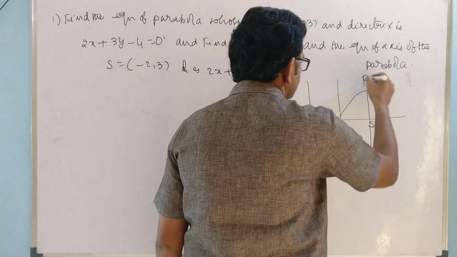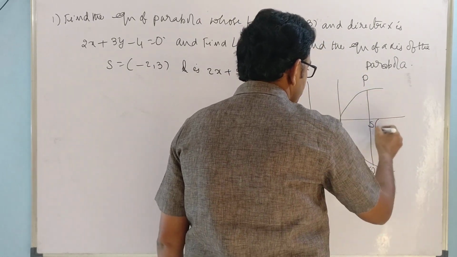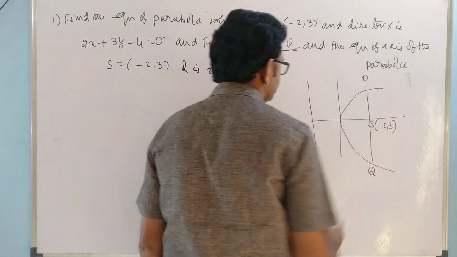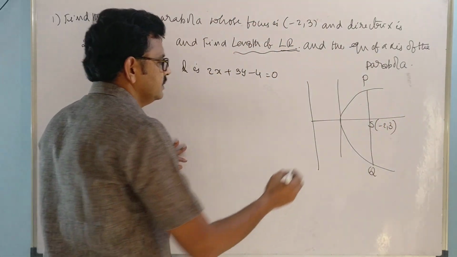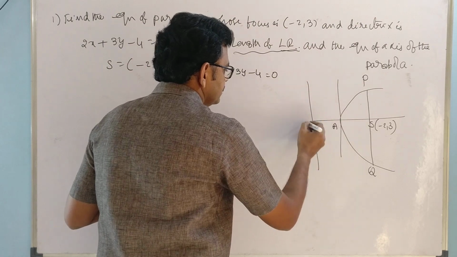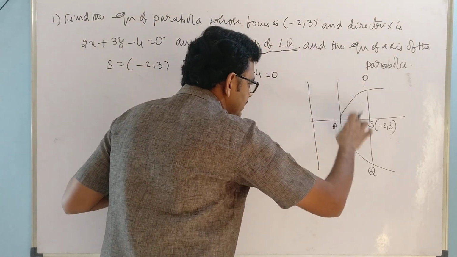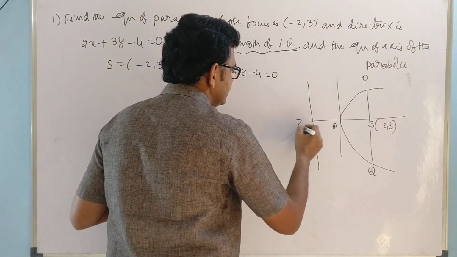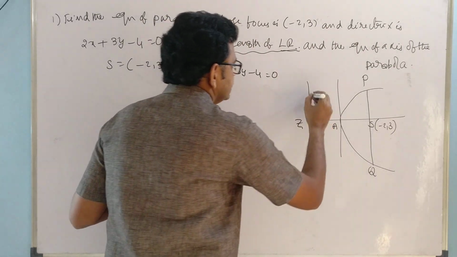Suppose this is called P and this is called Q. The focus is (-2, 3). This is the vertex, this is the focus, and this is Z.